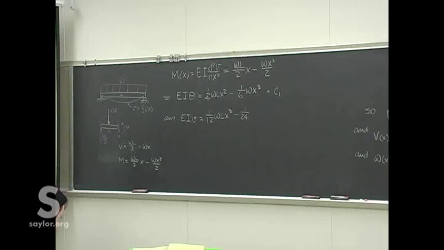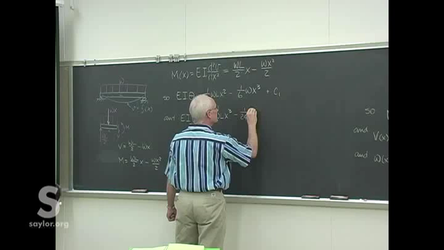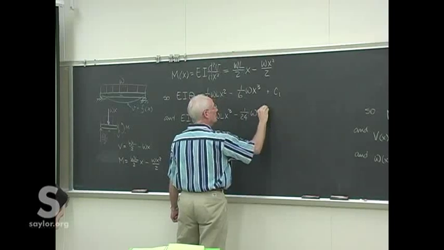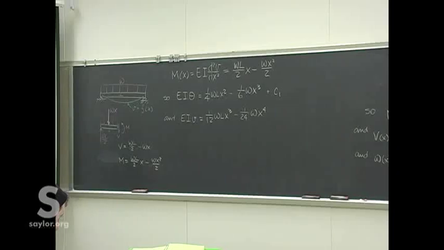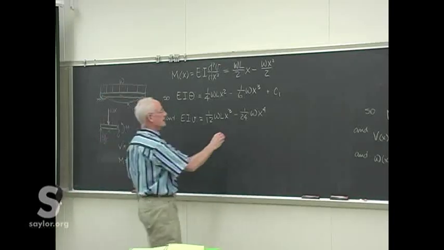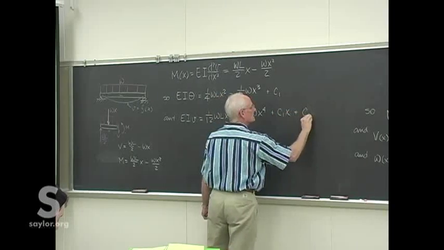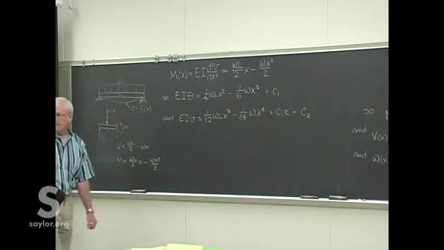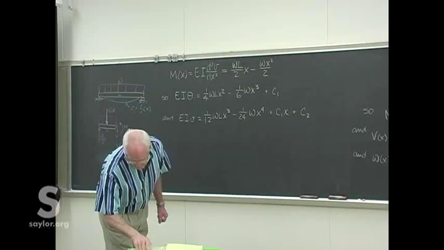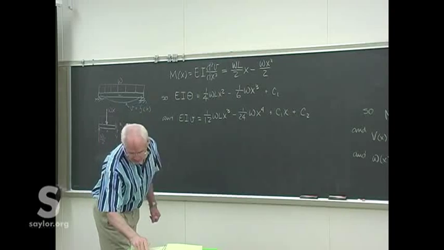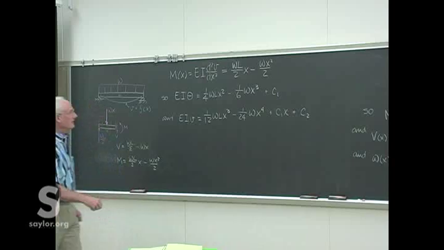These constants in the denominator accumulate wonderfully. You're going to have a great deal of fun tracking all those. Plus C1 x plus C2. That look all right? 1/12 WLx cubed minus 1/24 Wx to the fourth, yeah. Okay.